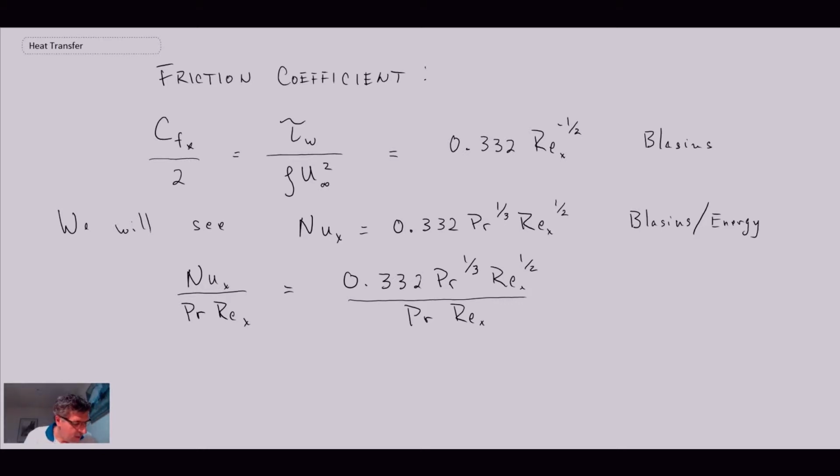Okay, so what we have here is, this is going to result in Prandtl number to the 2/3 in the denominator.